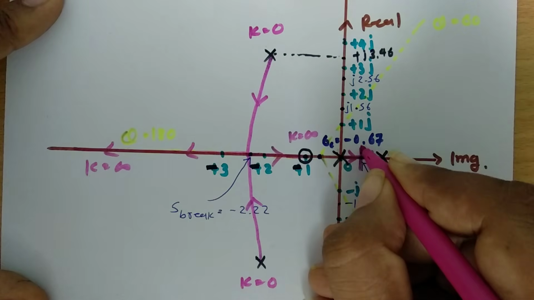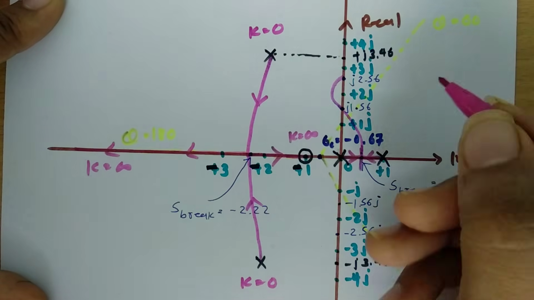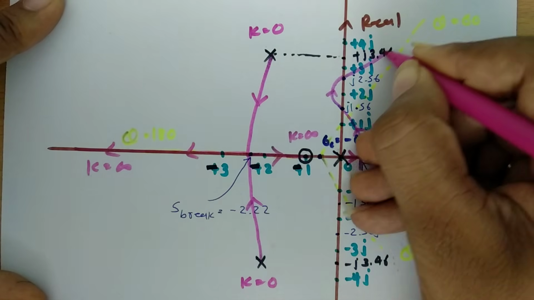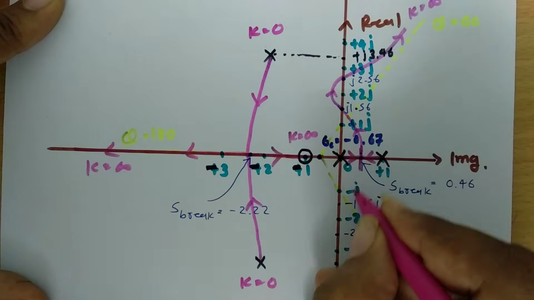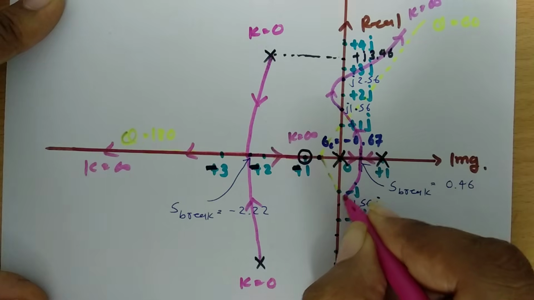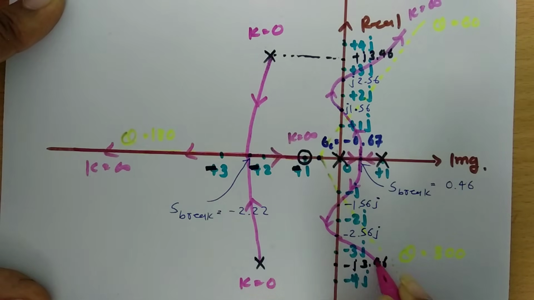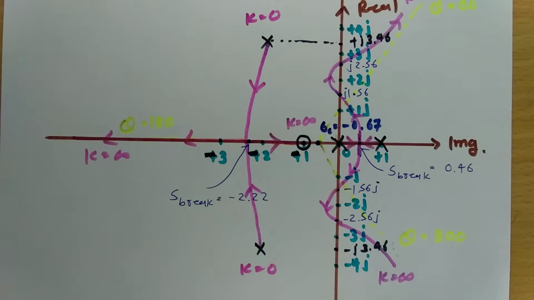So this line will go to 1.56, come back and touch 2.56, and again move towards the asymptote where k equals infinity, and the same thing happens over here. This breakaway will go to 1.56, intersect the imaginary axis, touch 2.56, and go towards the asymptote where k equals infinity. So that is how this root locus plot looks.